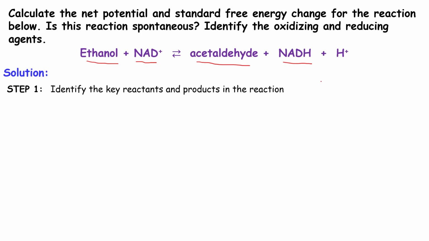Typically, when you solve redox problems, it is important to realize that the things on the left side are somehow related in pairs to things on the right side. For example, we have NAD plus here, and on this side we have NADH. That tells you that if NADH were to be formed, it needed to have come from NAD plus, right?